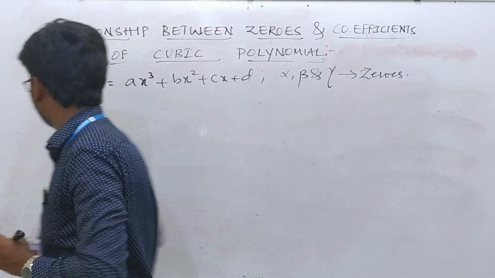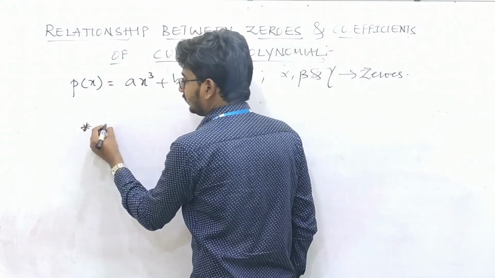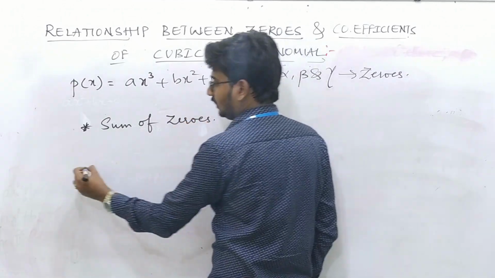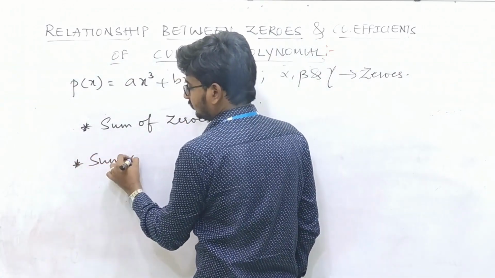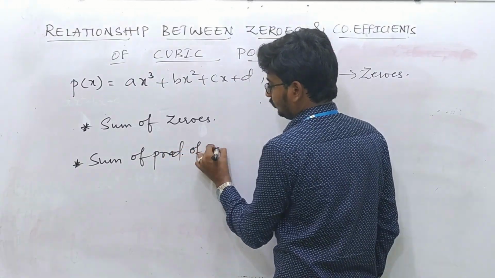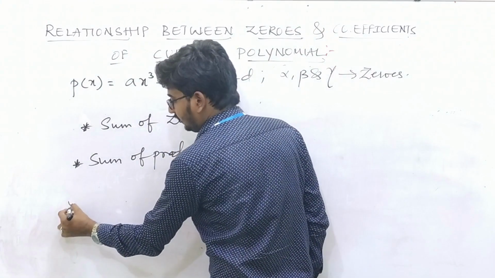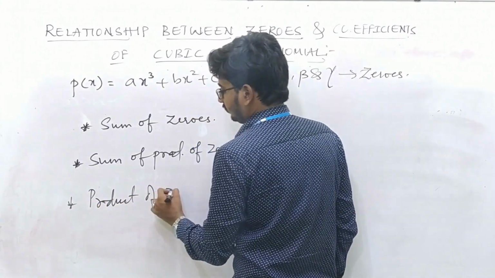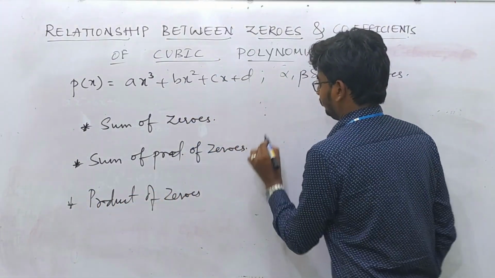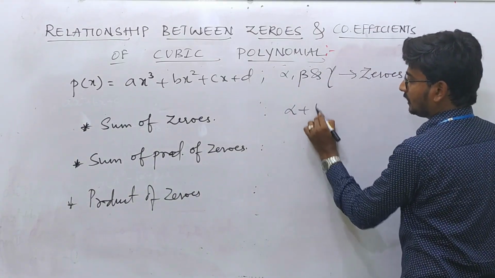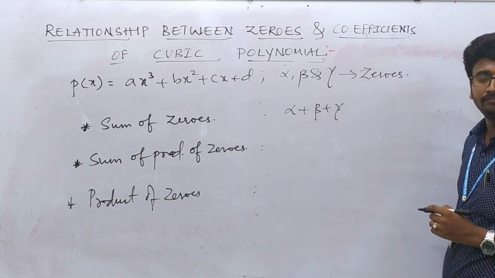Now, based on this, we have three formulas, that is sum of zeros, sum of product of zeros, and finally product of zeros. Sum of zeros means adding all of them: alpha plus beta plus gamma.